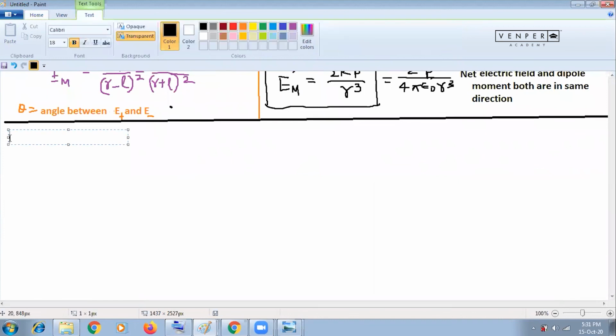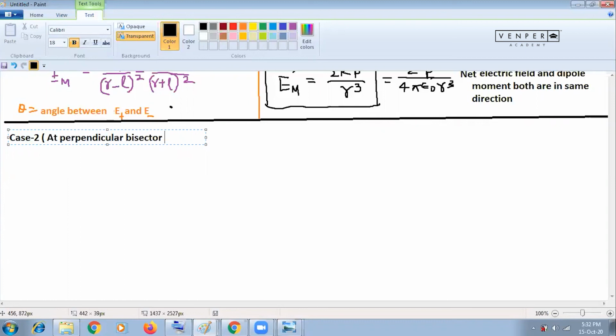So go to case 2. Okay, guys, go to case 2. So what is case 2? Case 2 is to find the field at the perpendicular bisector.